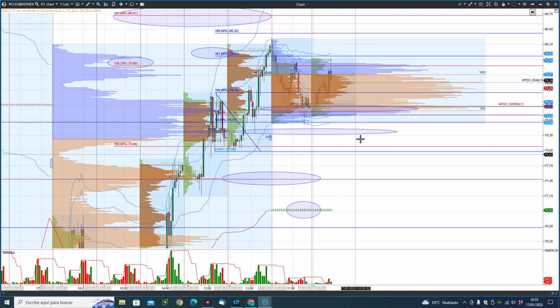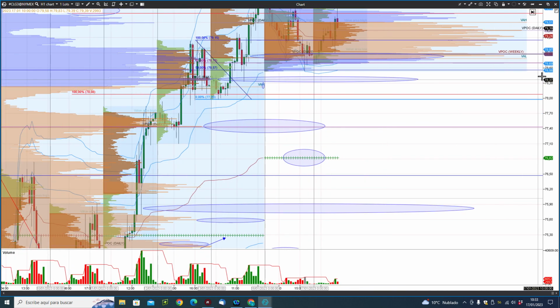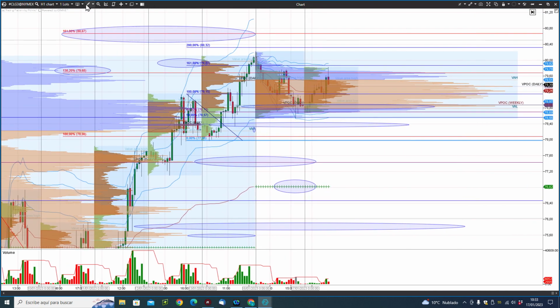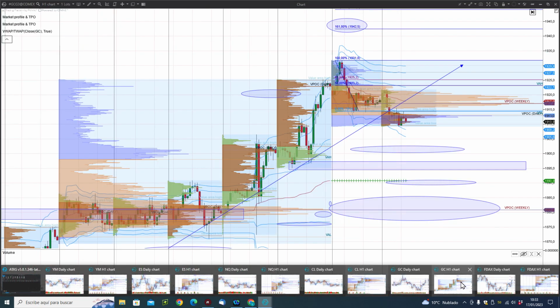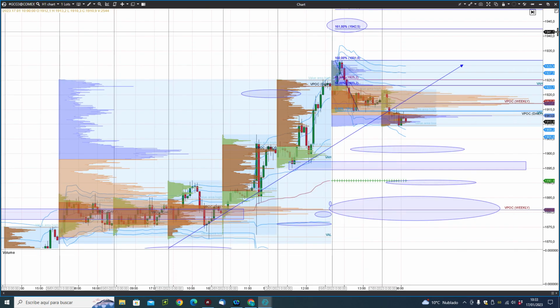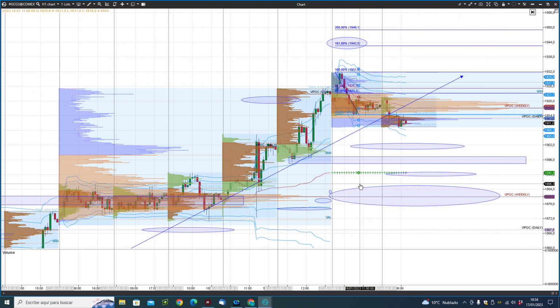Okay, if it breaks, perhaps our main target would be this trend line. If it breaks and the break is strong, it could take the price to 77.43.